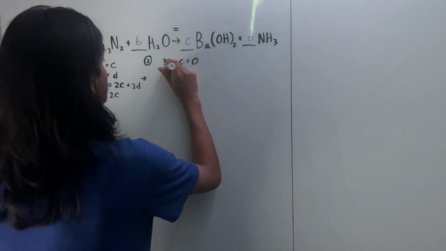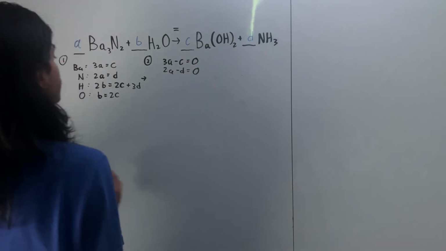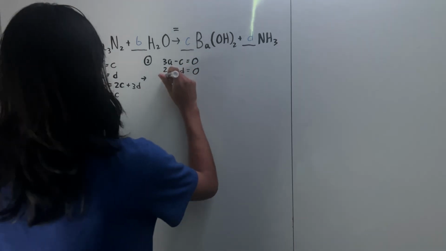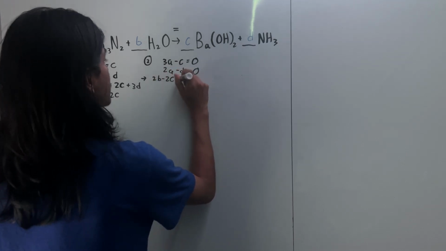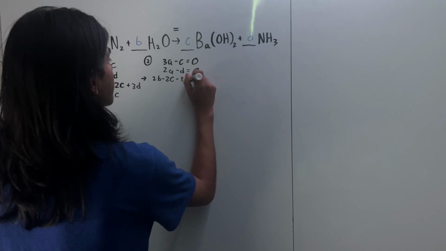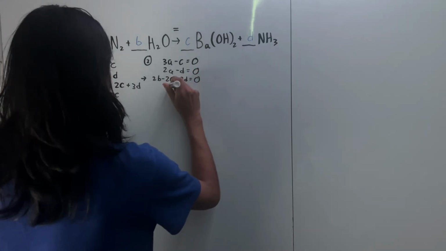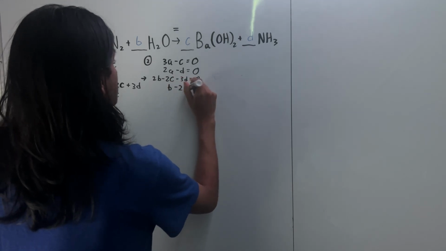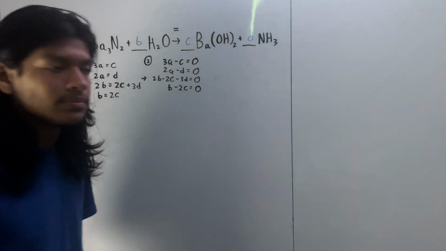We're gonna do the same thing: 2A minus D equal to 0. And for hydrogen, 2B minus 2C minus 3D is equal to 0. And now we have B minus 2C, and that's also going to be equal to 0.